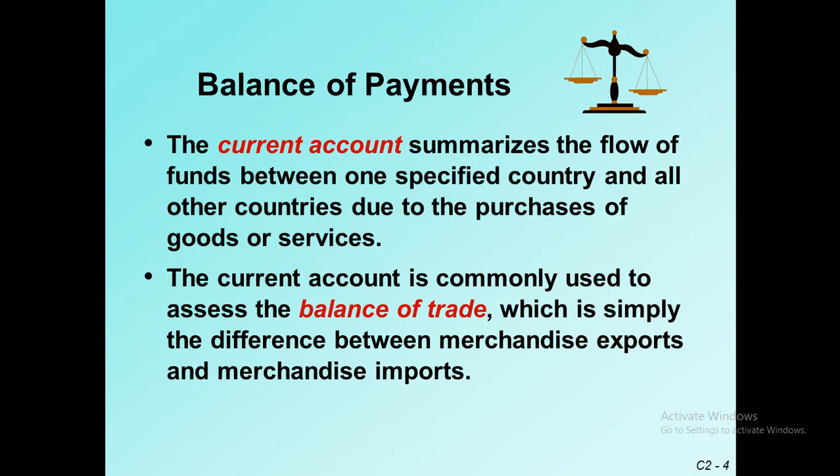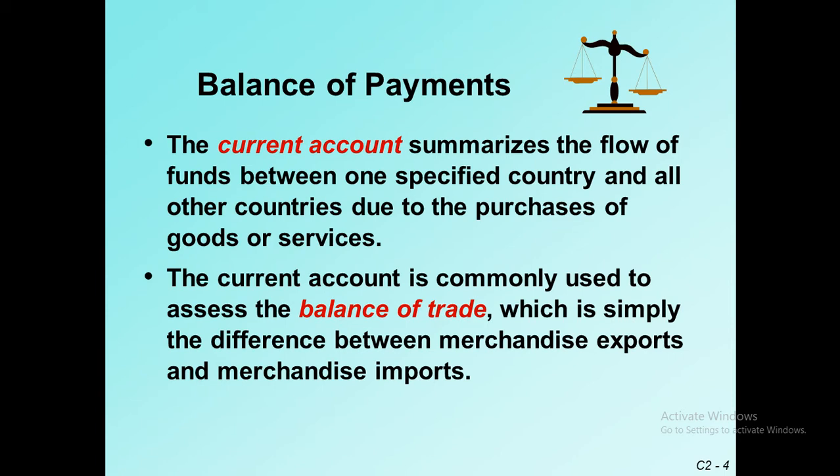The current account summarizes the flow of funds between one specified country and all other countries due to the purchases of goods and services. Simply, if you purchase goods and services from foreign countries, they will be recorded in the current account. If you sell your goods and services in foreign countries, they will also be recorded in the current account.